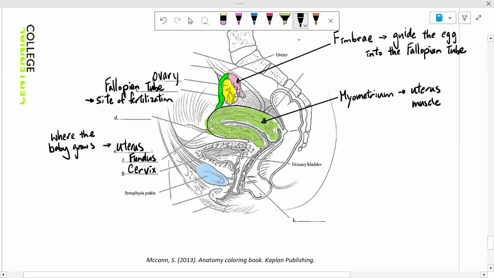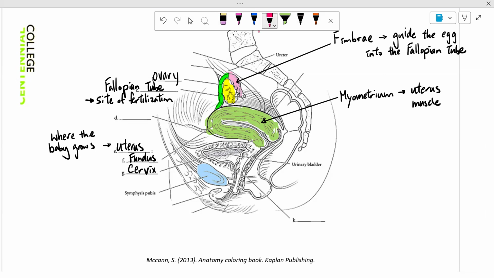When the baby is growing, there is actually a mucus plug that forms that seals the cervix, so nothing goes in, nothing goes out. A pap smear, you might have heard of that, is a screening tool for cervical cancer. So the fundus is like the deepest part, the cervix is like the entry, and the myometrium is the muscle.